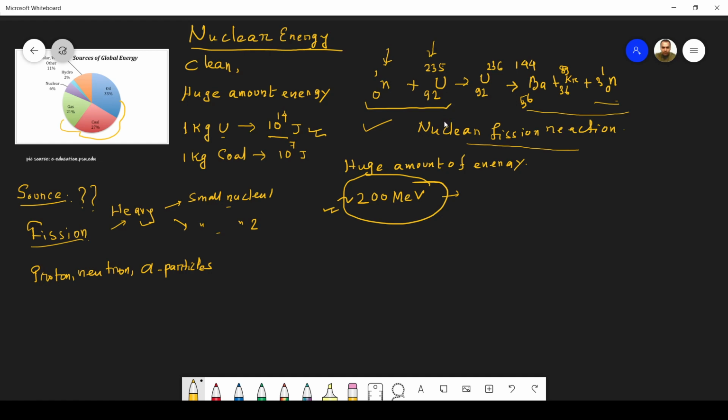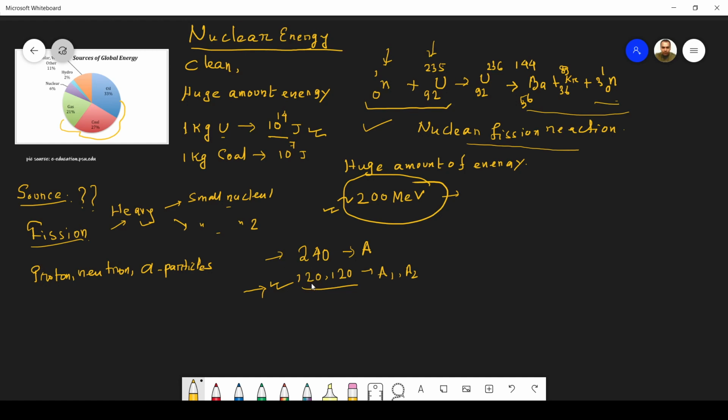We saw that if we have some heavy nucleus with, let us say, 240 nucleons, and that is broken into two other nuclei with each having about 120 nucleons, we found that these nuclei are more strongly bound, or simply these nuclei have higher binding energy per nucleon as compared to the parent nucleus.